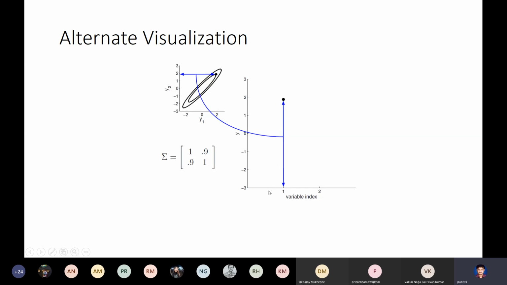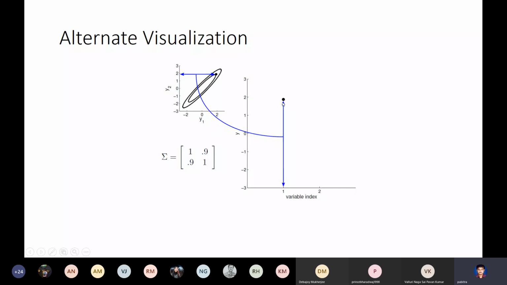For every sample that I get here, this dot, on the x-axis I plot the variable indices. So y1, y2, and if there are capital D variables, y1, y2, up to yD, there should be capital D points on the x-axis. This is the variable number. It is a vector, so it is just the component number of the vector.